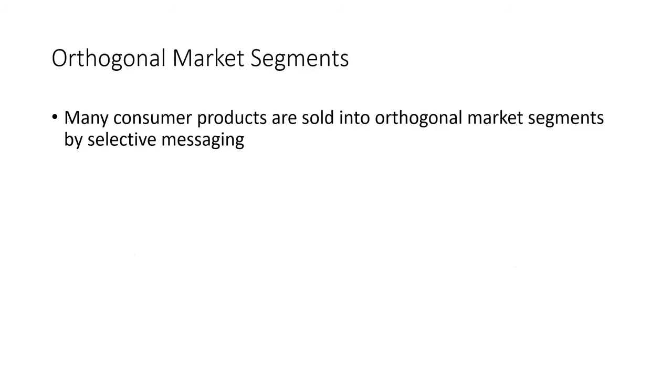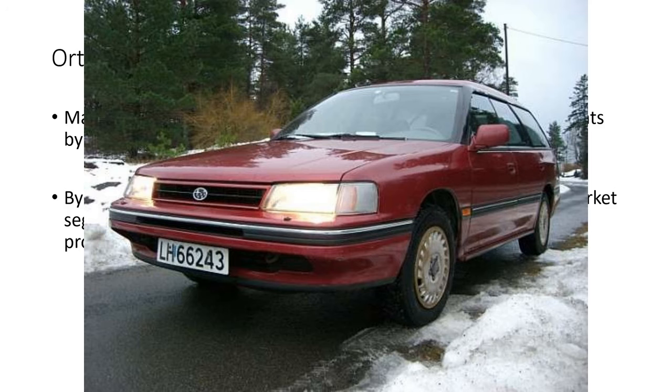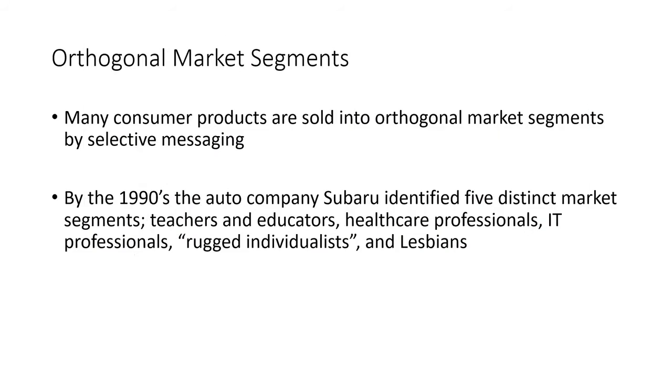Many consumer products are sold into orthogonal market segments by the use of selective messaging. An example of this is the auto manufacturer Subaru, who by the 1990s had identified 5 distinct market segments for Subaru automobiles. One segment comprised teachers and educators.